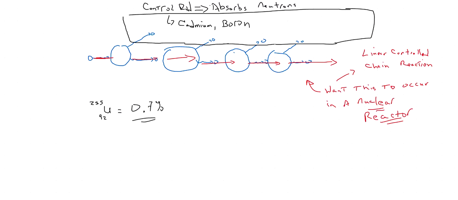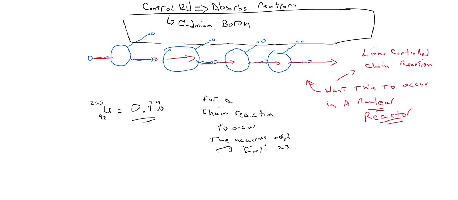Now, if we want a chain reaction to occur, for a chain reaction, either linear or uncontrolled, like in a bomb, for a chain reaction to occur, the neutrons need to find the uranium-235 nuclei.